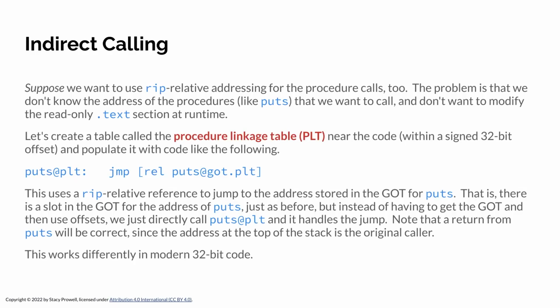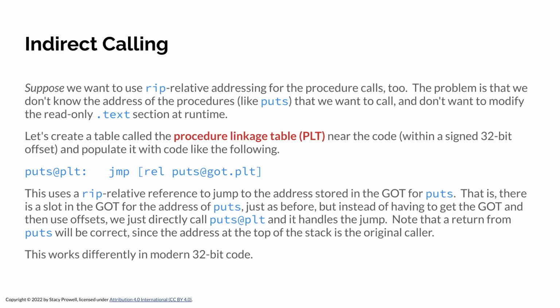So imagine, if you will, we want to use RIP relative addressing for procedure calls. The problem is we don't know the address of the procedures that we want to call. We don't want to modify the read-only text section. So how about this?